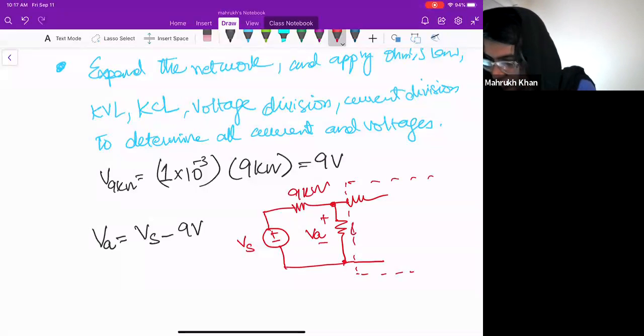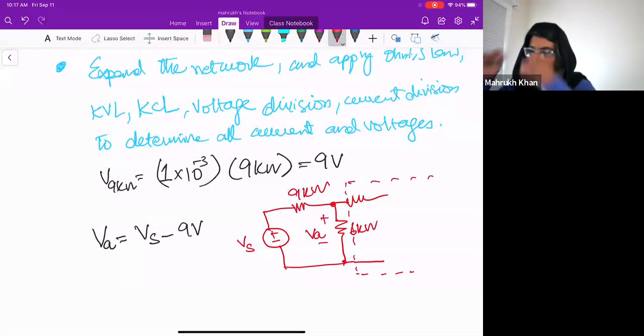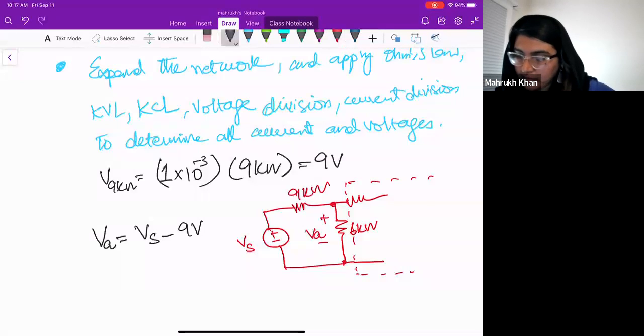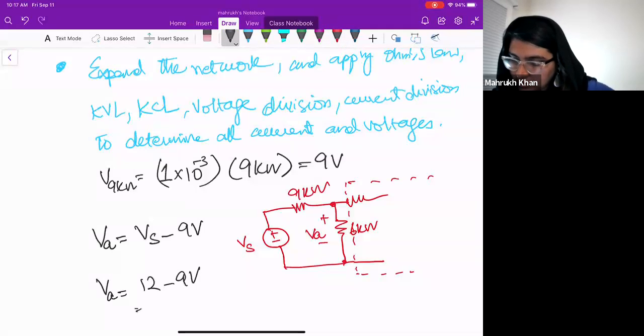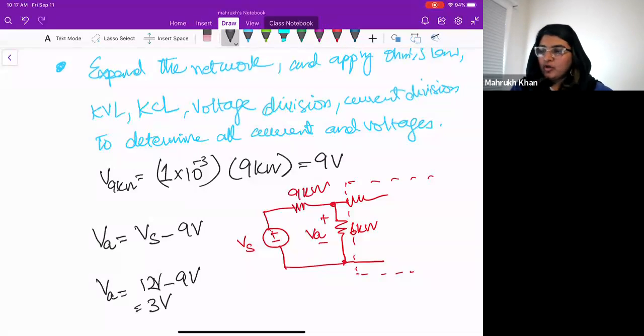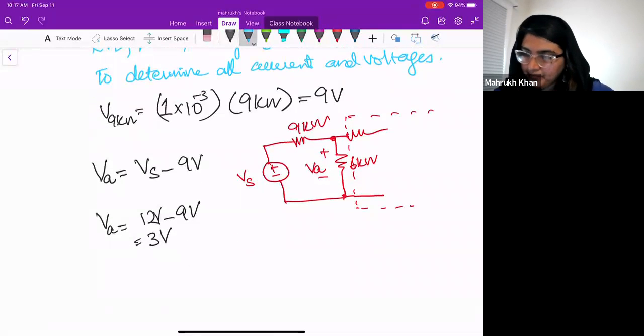This is 6 kilo ohms. So VA can be found by subtracting this: VA equals 12 volts minus 9 volts, which equals 3 volts. So now you know VA.